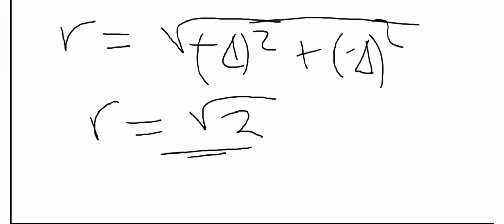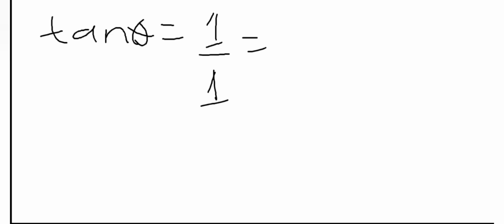So we have the modulus or the absolute value to be the square root of 2. What is now the argument or the amplitude in this case? So we have tan theta is equal to -1 over -1.